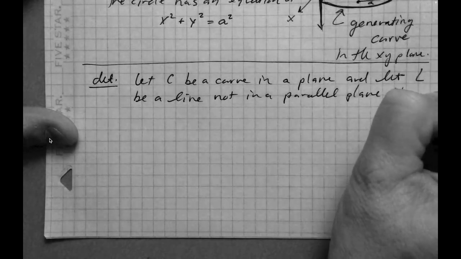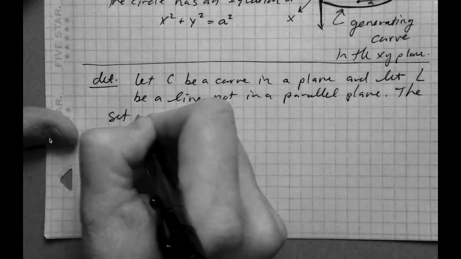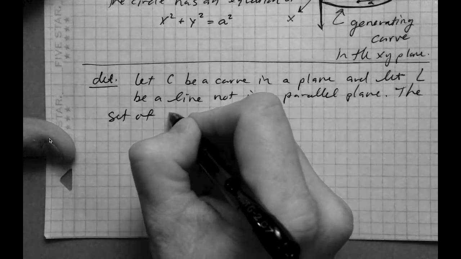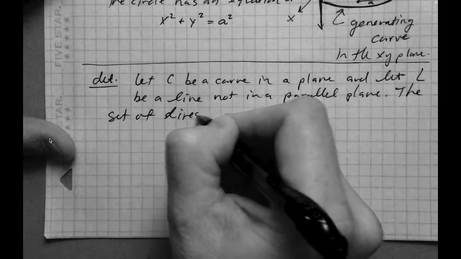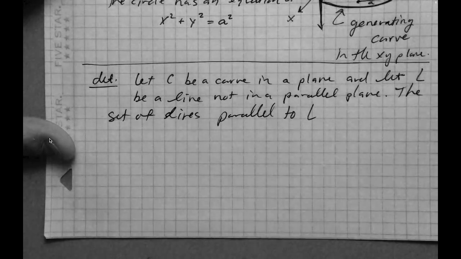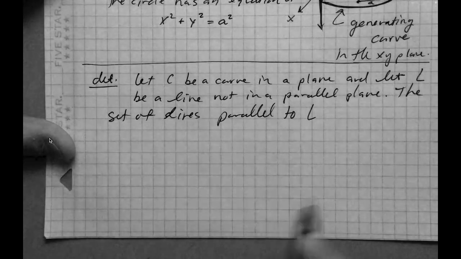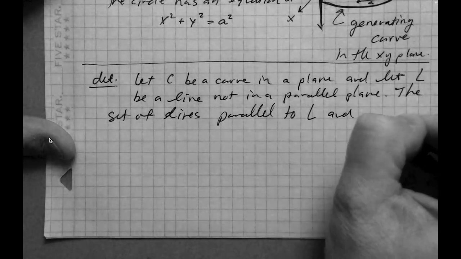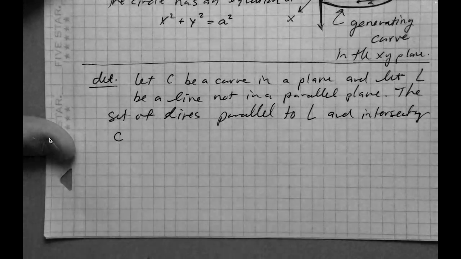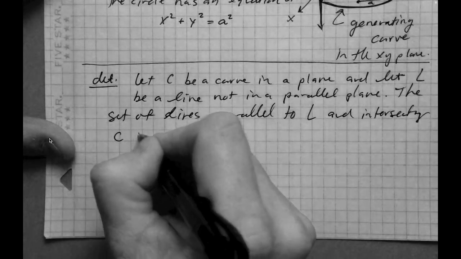Then the set of all lines parallel to L and intersecting C is called a cylinder.